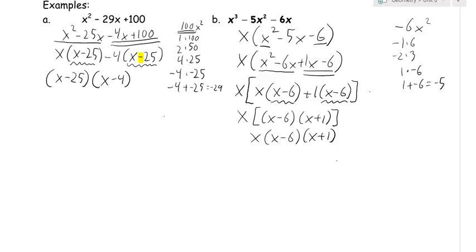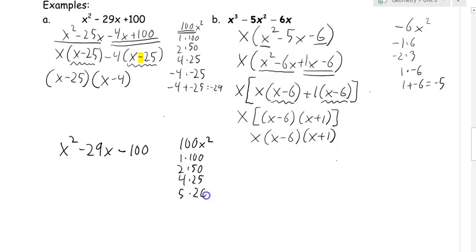One thing that is awesome about this method is if we change example A to x squared minus 29x minus 100, when we're making our list and we do 1 times 100, 2 times 50, 4 times 25, 5 times 20, 10 times 10.